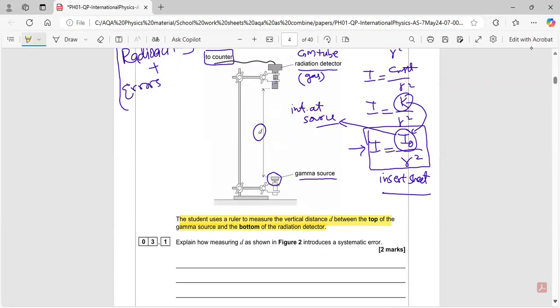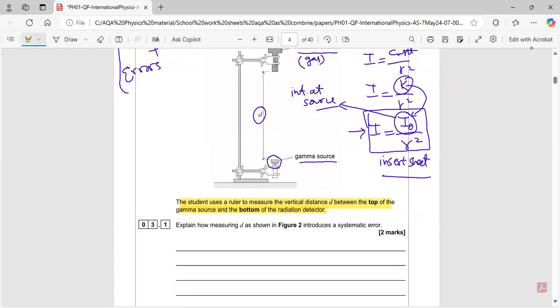Okay, right. Student is measuring the distance d between the gamma ray source and the detector. Okay, but the question is explain how the distance d in the figure is introducing a systematic error.